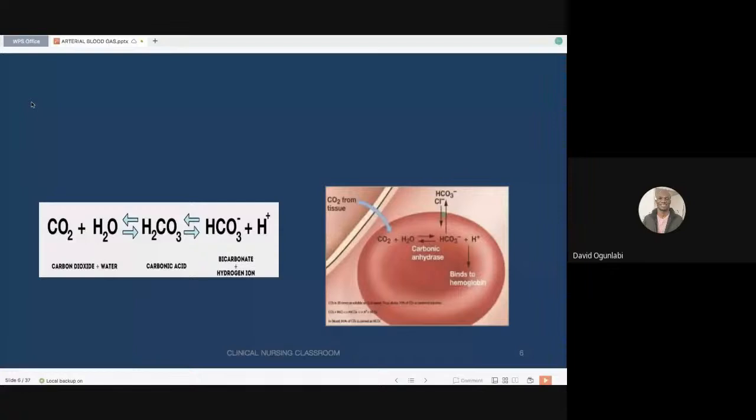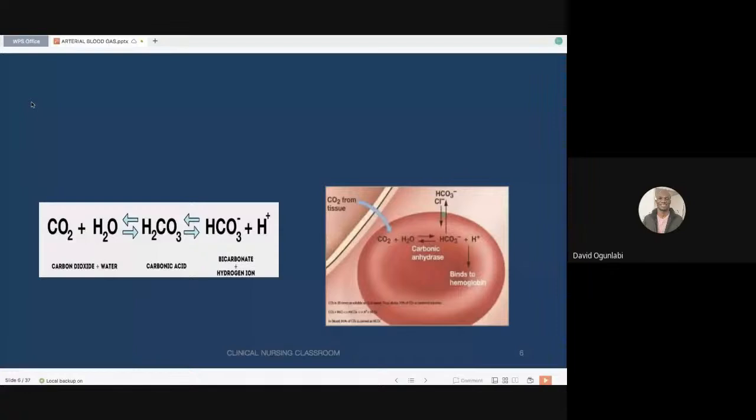Let me go over it again. CO2 interacts with water and forms carbonic acid. The levels of CO2 and carbonic acid in the blood are in equilibrium.